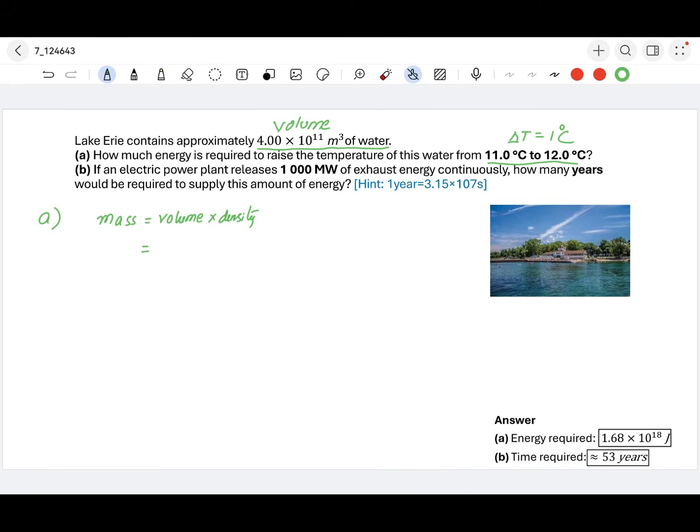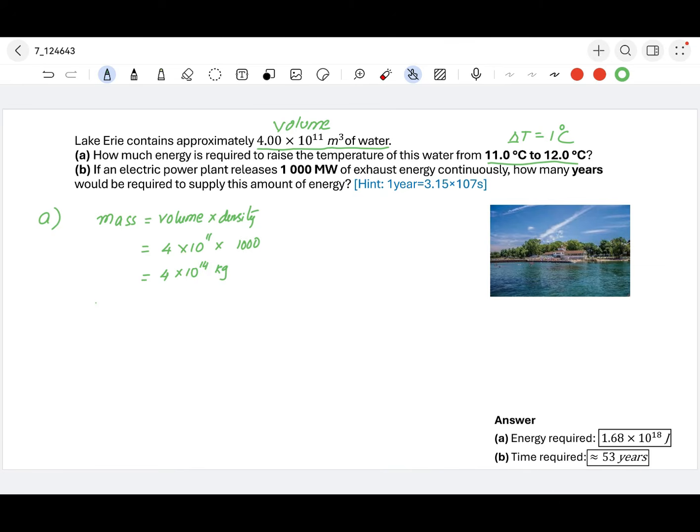The volume is given, 4 times 10 to the power of 11. The density of water is 1000 in SI units, 1000 kilogram per meter cube. So the mass becomes 4 times 10 to the power of 14 kilogram.